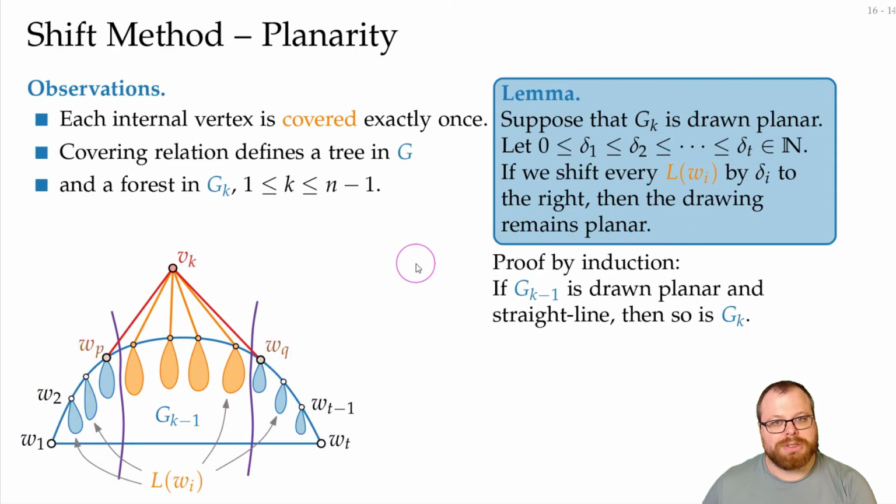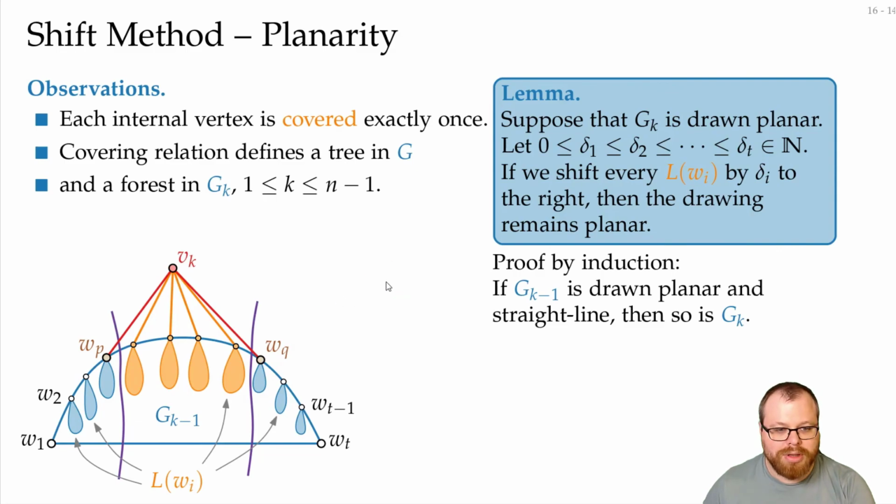But now what about G_k? Well, we applied the shift all here, and it only remains to move vk to the right as well. But we move it rigidly with everything that's down here, so this subpart of the drawing doesn't change at all. It means we cannot get any new crossings here. And for these two edges, well, they are still clearly outside of this whole drawing, so the whole thing remains planar.